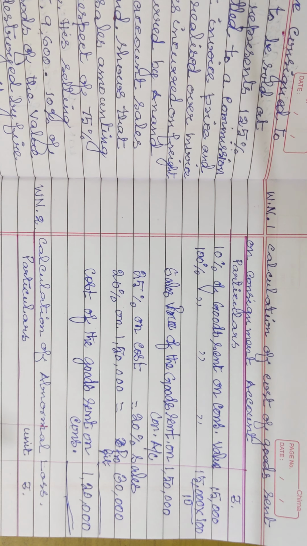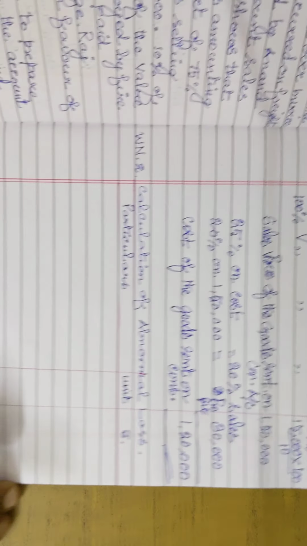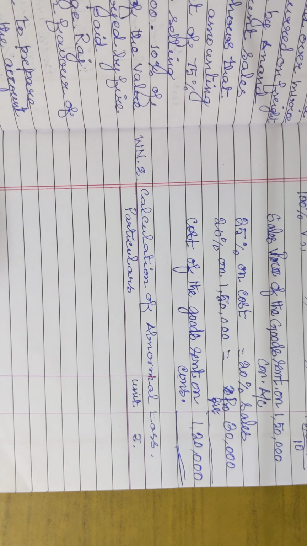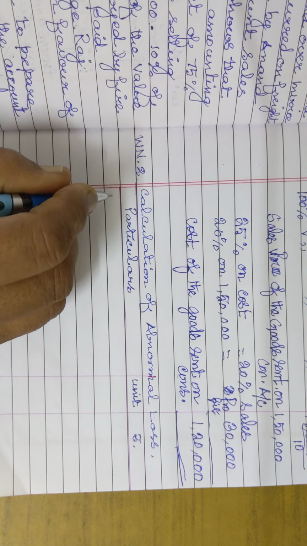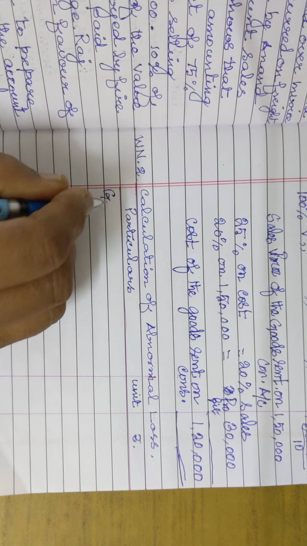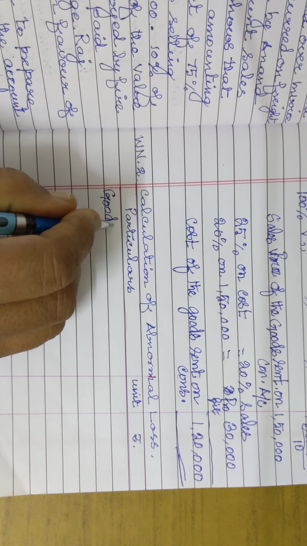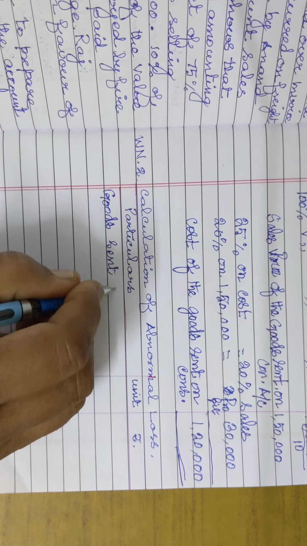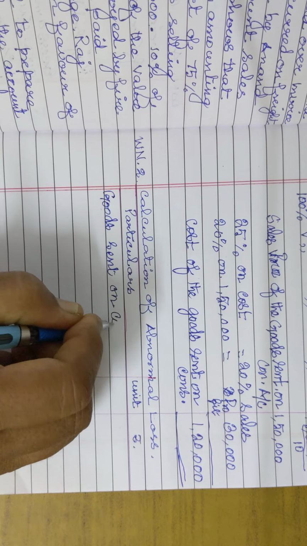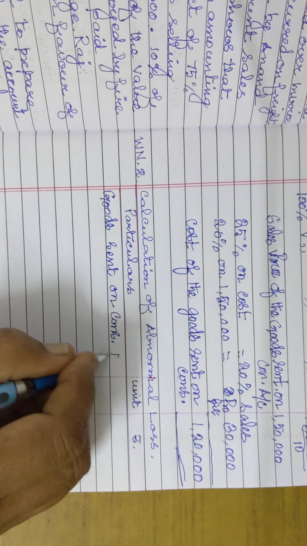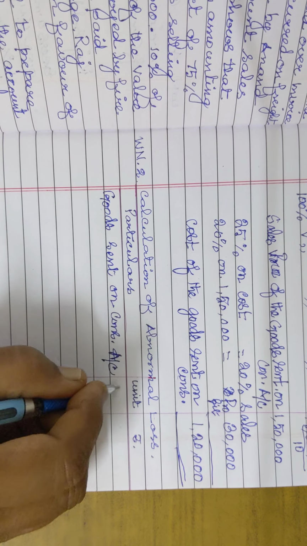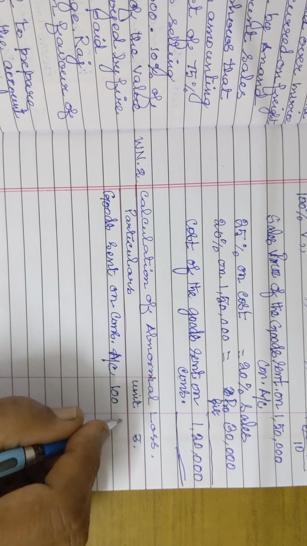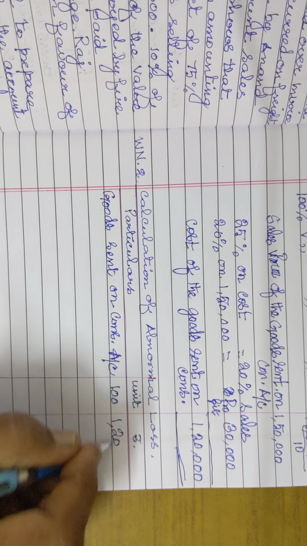Now we will move on to the working note number 2, that is calculation of abnormal loss. As we did it in our earlier sum also, we are going to write here goods sent on consignment account. Let us assume the unit is 100, so the cost is 1,20,000.